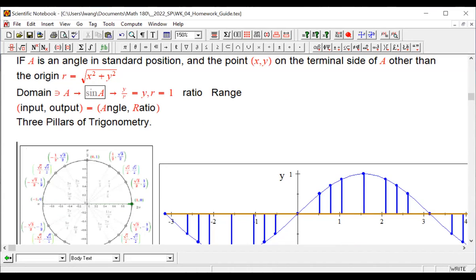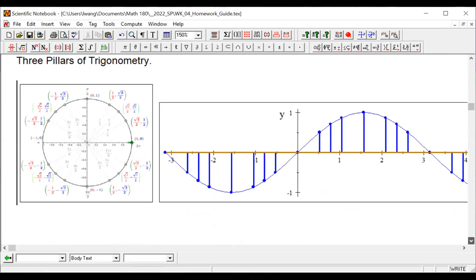So today I'm going to show you how I would like you to do your homework. Let's take some homework questions from week 3. Right now I'm looking at Canvas week 3 on the trig function part.